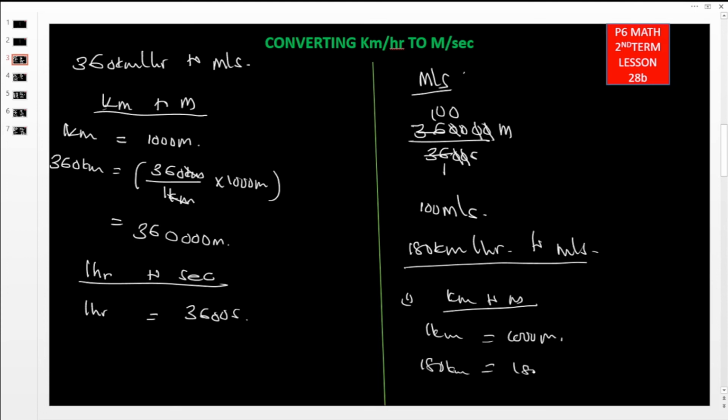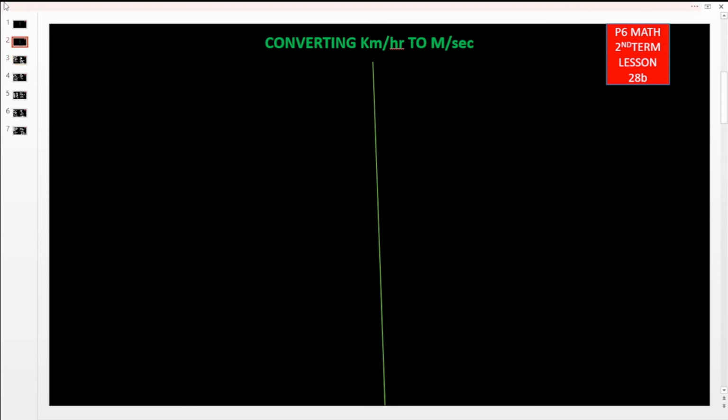They are going to give us 180 kilometers over 1 kilometer times 1000 meters. So that one is going to give us 180,000 meters.